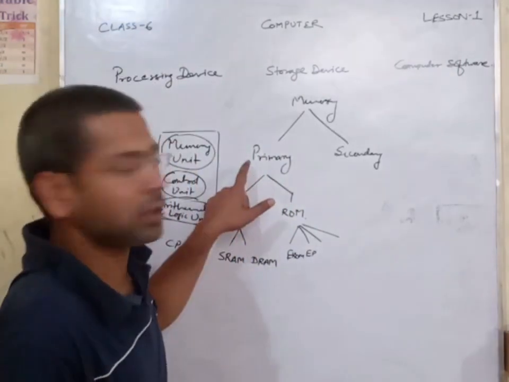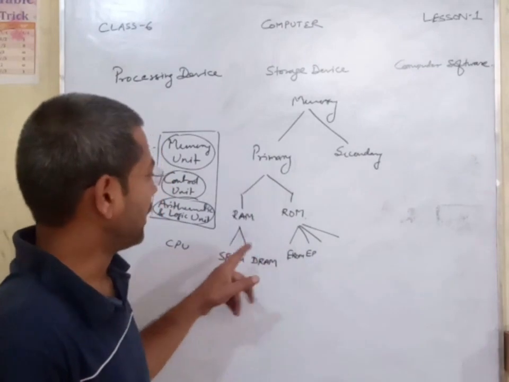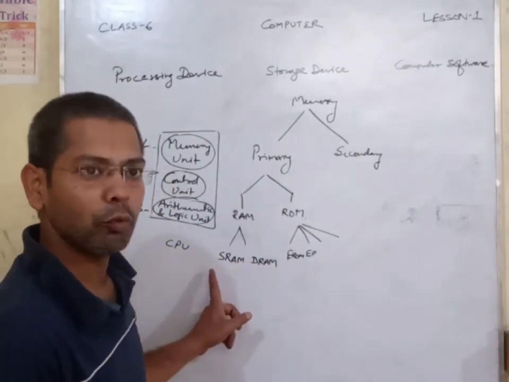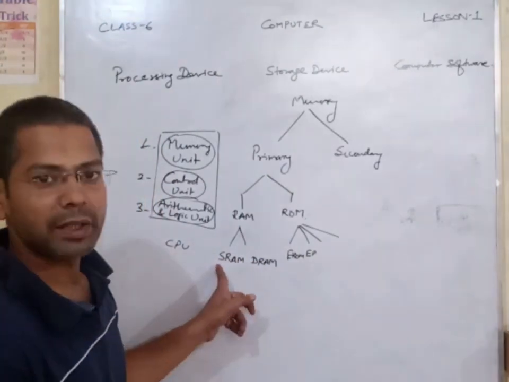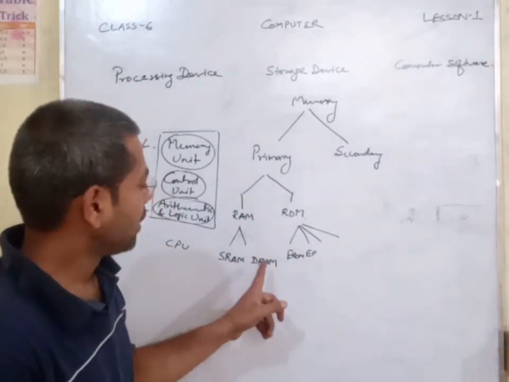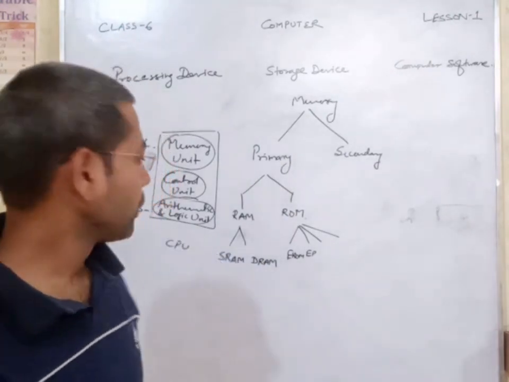We will discuss the primary memory, RAM and ROM. RAM is divided into two parts: SRAM and DRAM. SRAM stands for static RAM. DRAM stands for dynamic RAM.